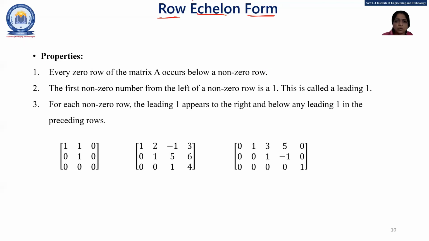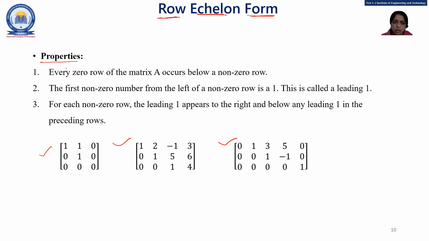Here, the row echelon form properties. What is row echelon form? I'm going to teach you the row echelon form with the help of these examples. See, these all examples are row echelon form.